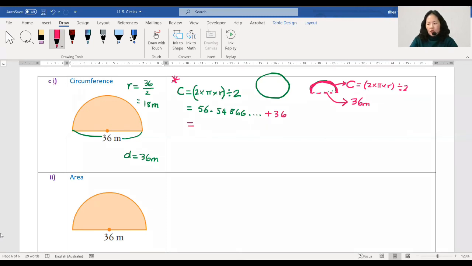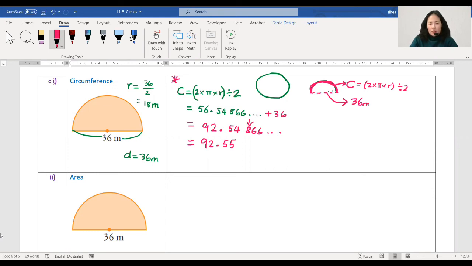So when you do that, you will get 92.54866... and we just want it in 2 decimal places. So my answer should be 92.55, because the third decimal is 5 or bigger, which is 8. That goes on to round it up to the next.